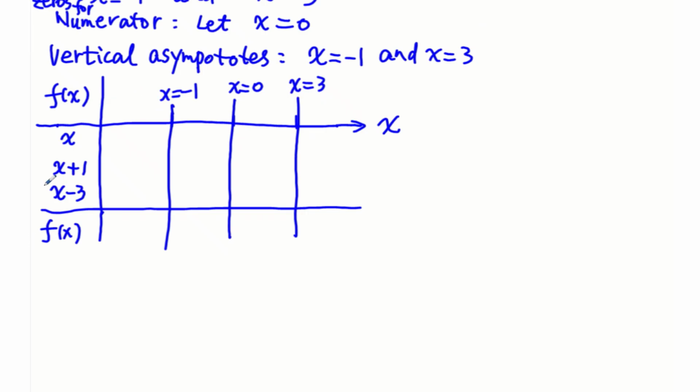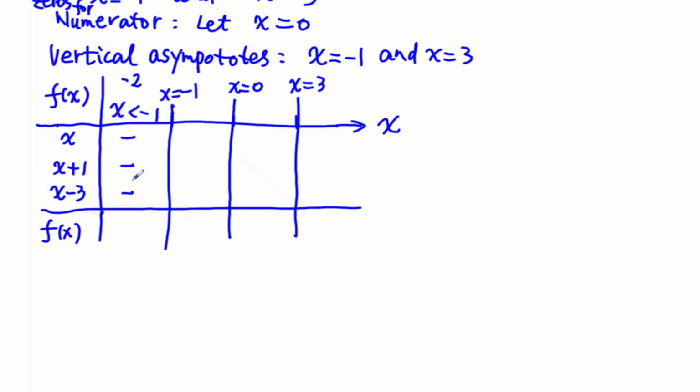So on the left side of -1, x less than -1, we pick a random number. We can just pick -2. Substituting x equals -2, x is negative, -2 plus 1 is -1 which is negative, and -2 minus 3 is negative.